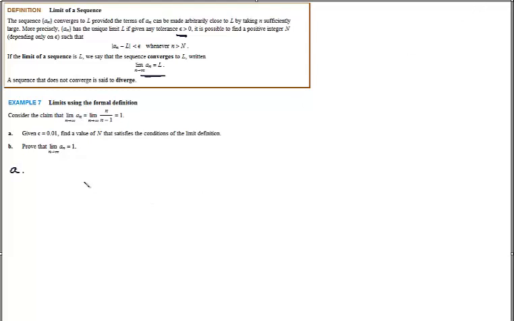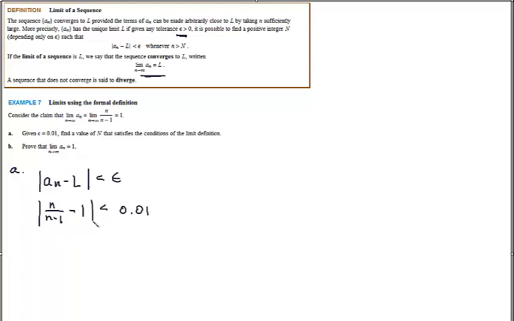For the first part of this example, I'm to find the value of n that satisfies this neighborhood definition. So let's go ahead and write down that my a sub n minus this limit has got to be less than my epsilon. Let's plug in for what we have: my a sub n is n over n minus 1, minus the limit, which they say is 1, and they want this given epsilon to be 0.01.